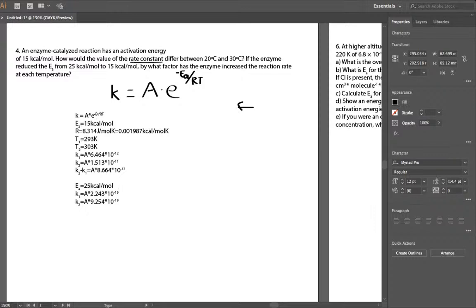What I just did was rearrange it. But for the general formula, it would be the new K divided by the old K1. So let me write this guy here.